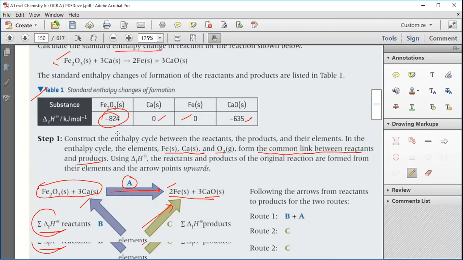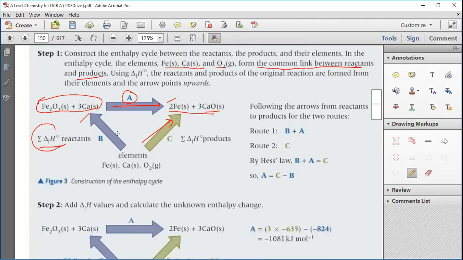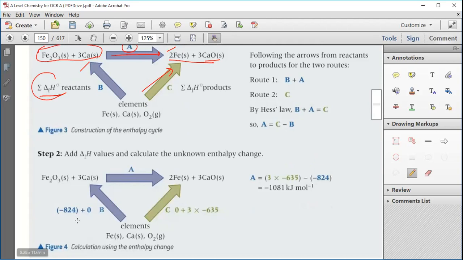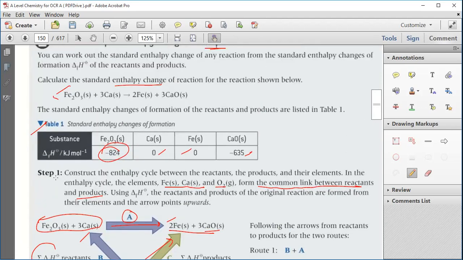So there's no change. Calcium is 0, so it will remain minus 824 kilojoule. Energy is remaining the same. Is that clear? Yes or no? From element to Fe2O3, the enthalpy of formation for Fe2O3 is minus 824.